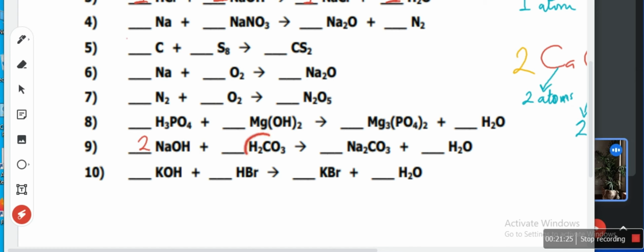For H2CO3, we have 3 atoms of oxygen, because it's only 3 that is written for the oxygen. This 2 is for hydrogen. So we have 3 here, together with these 2 we found here for sodium hydroxide. That's 5. So oxygen is 5.